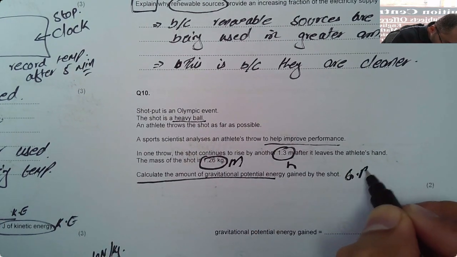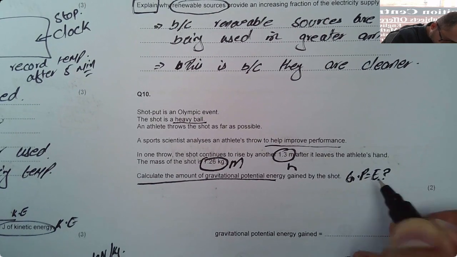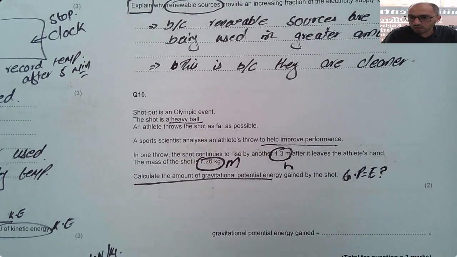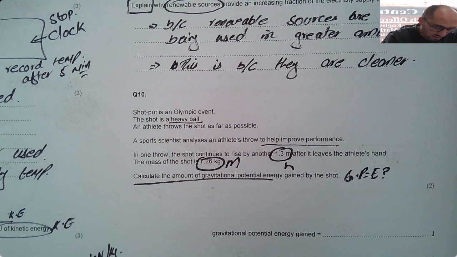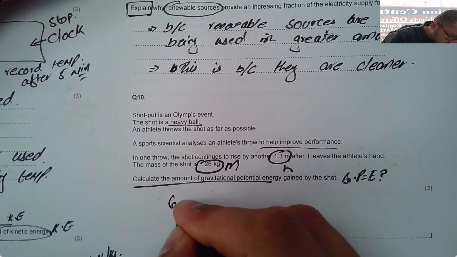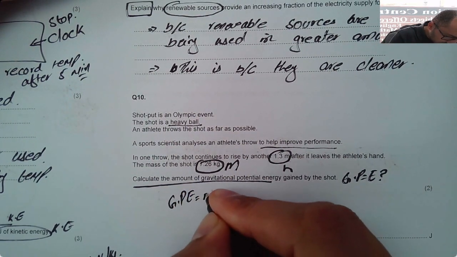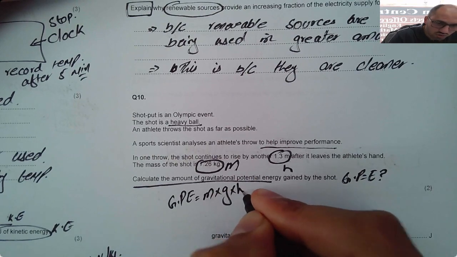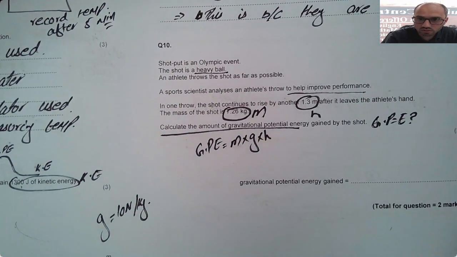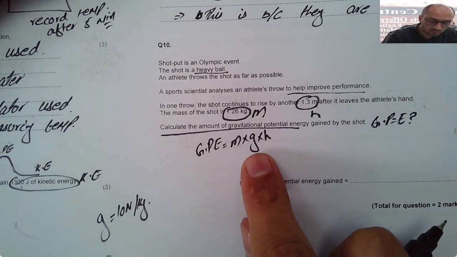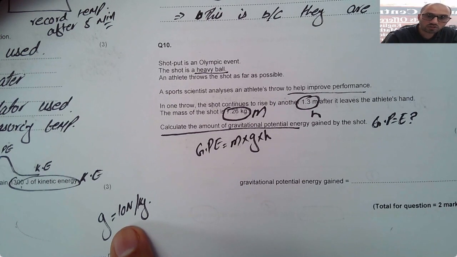So we do not know the value of GPE. It is not known. Okay, so what will I do again? Like I said to you, I need to pick up the equation for GPE. GPE equals m times g times h. The moment you see this equation, then you need to recall, if the question is about our planet, if the things are happening on our planet, then the value of g will still apply as 10 Newton per kilogram.